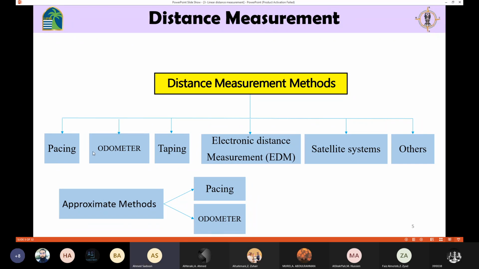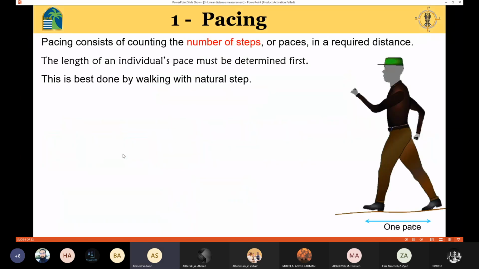Pacing and the odometer are considered to be approximate methods. They are not accurate, but they are going to help you a lot to get approximate measurements. So I'm going to walk you through each and every one of these methods. First, we're going to start with pacing.